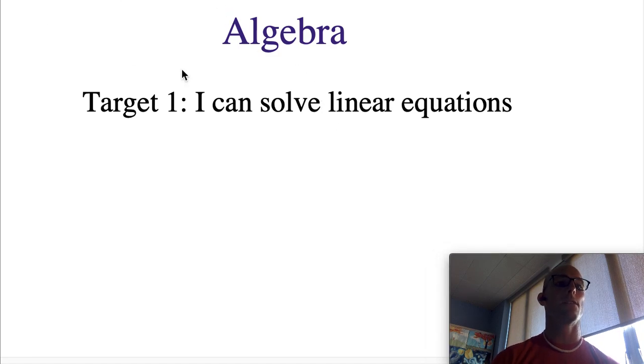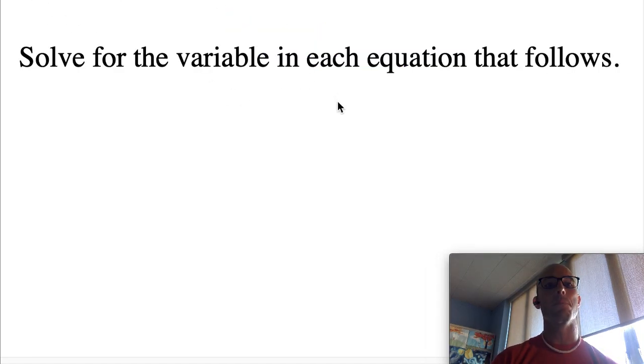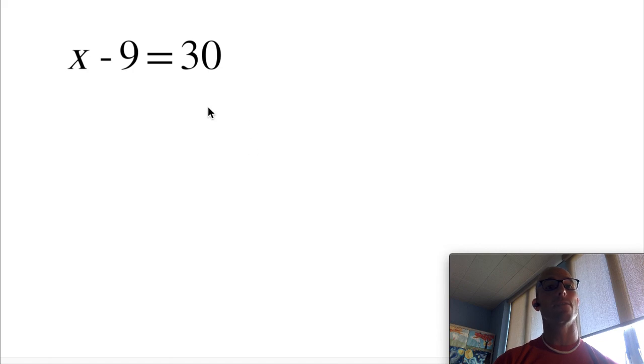So here is the question that we might see. Solve for the variable in each equation that follows. All right, so let's jump right in and do that. If I'm going to solve this equation, what it's really asking is, here's this variable that's being referred to, right here.